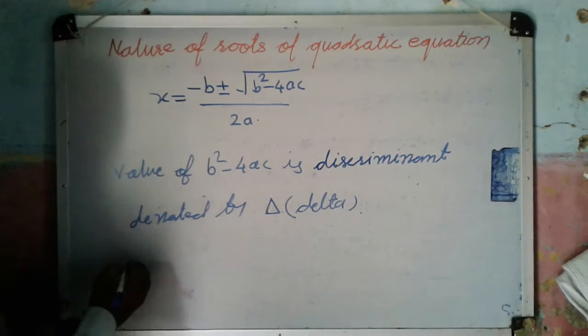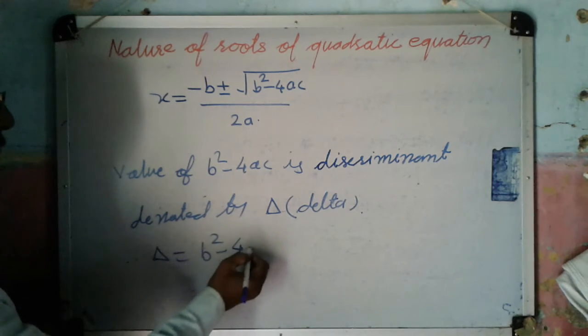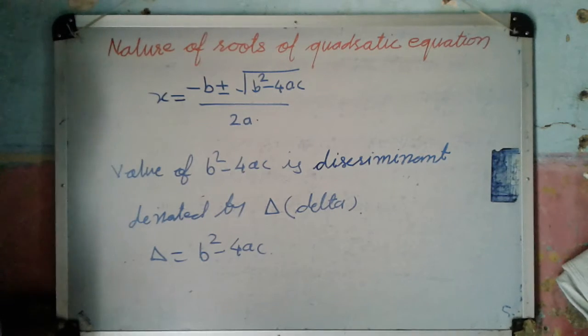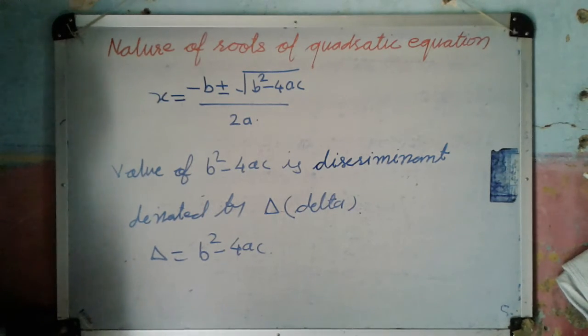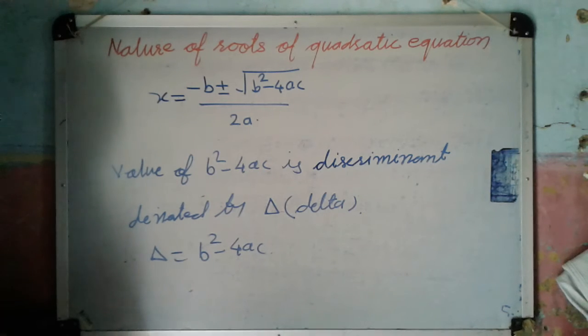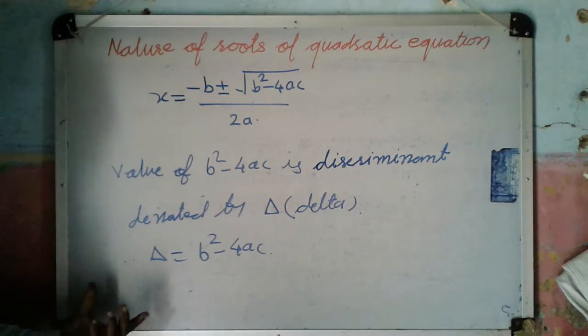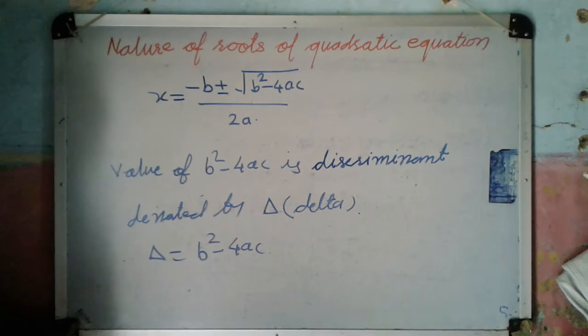That means to determine the nature of the given quadratic equation, first we have to find the value of discriminant. Now how to determine the nature? So we will see according to this value the nature of the roots are as follows.